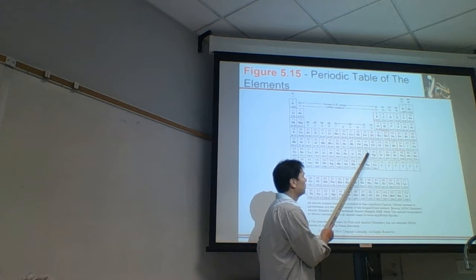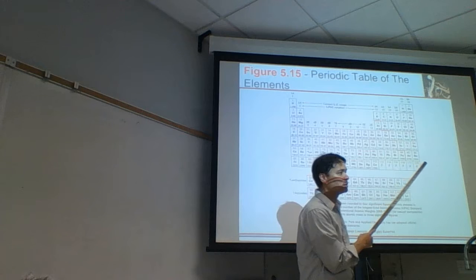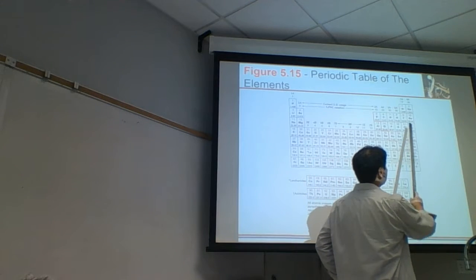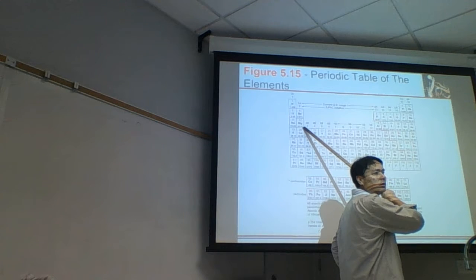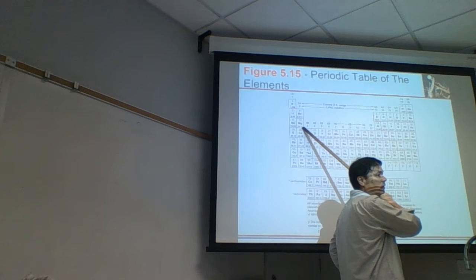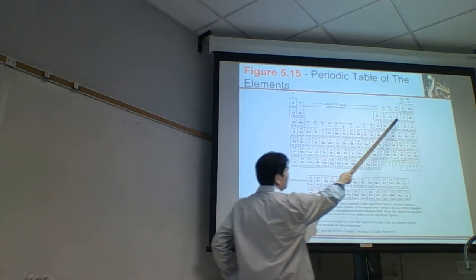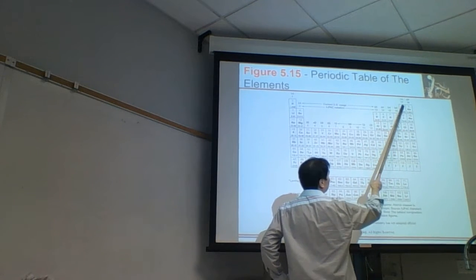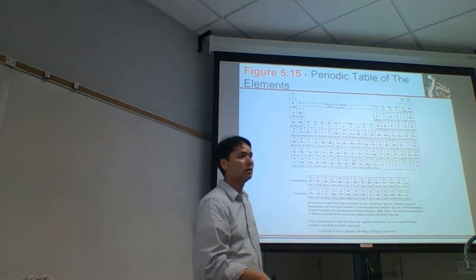Then we tried to correlate with the red number, the atomic number. So we tried to correlate atomic size with the red number, 1 proton, 2 protons. But when we got to 3 protons, it behaved differently. So it didn't go 1, 2, 3, it went 1, 2, then down to 3. So there's something different about it, right?